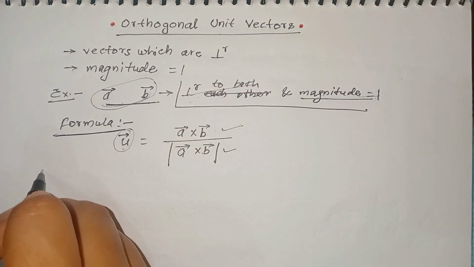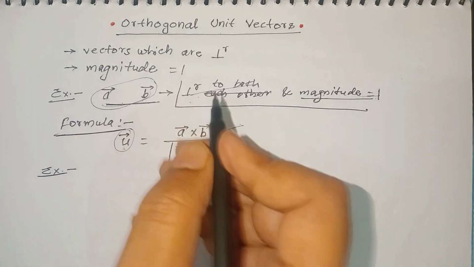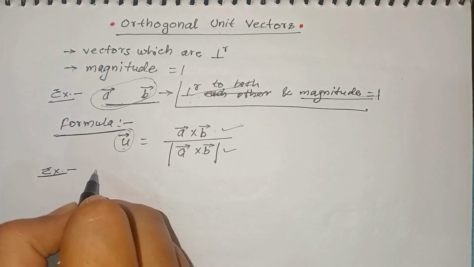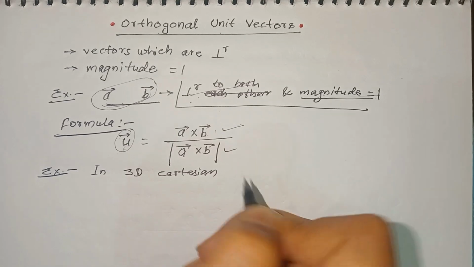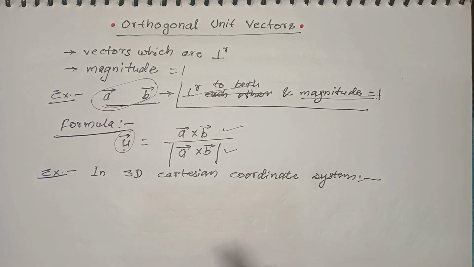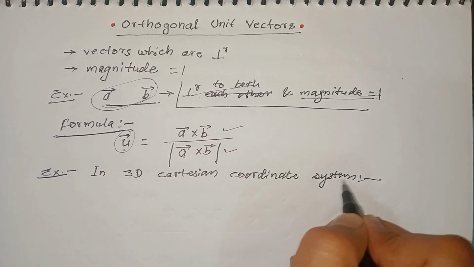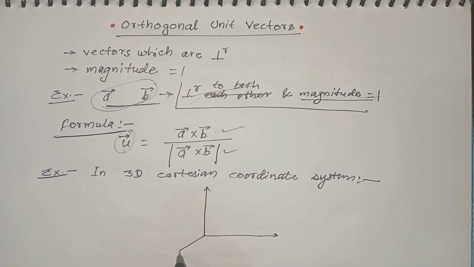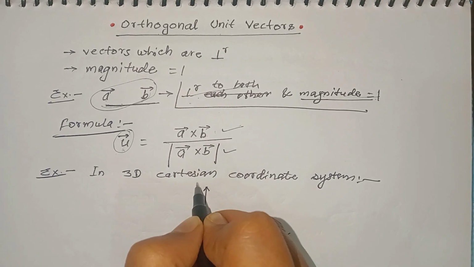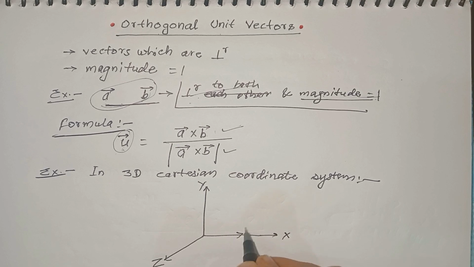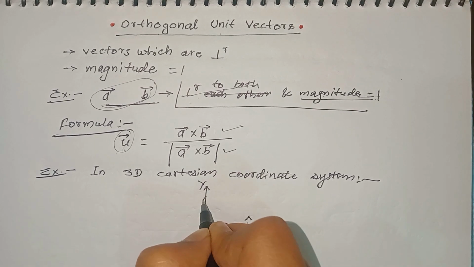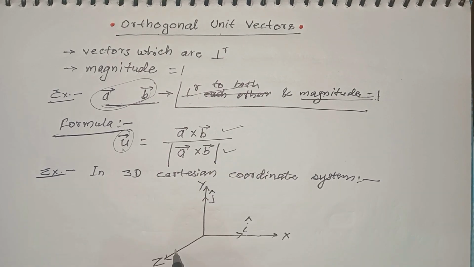One other example of orthogonal unit vectors: we know in the 3D Cartesian coordinate system there are three axes, x-axis, y-axis and z-axis. Along the x-axis we have i cap, along the y-axis j cap, and along the z-axis k cap.